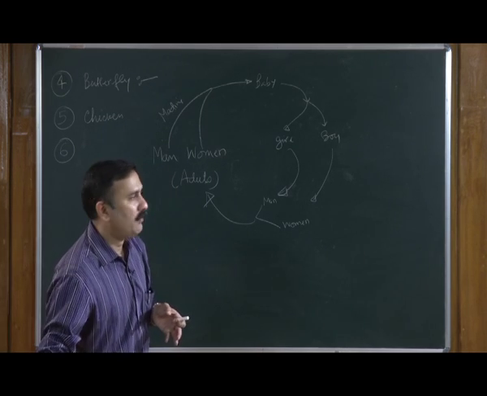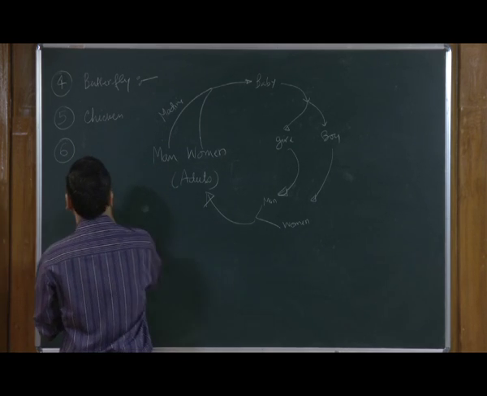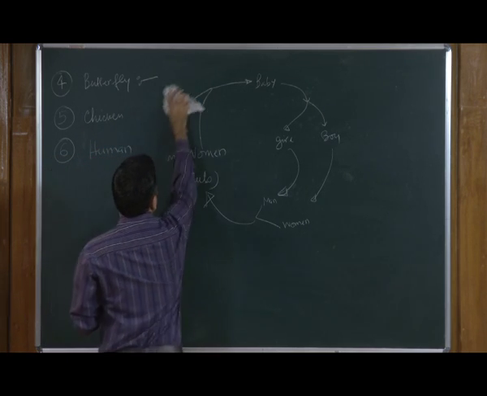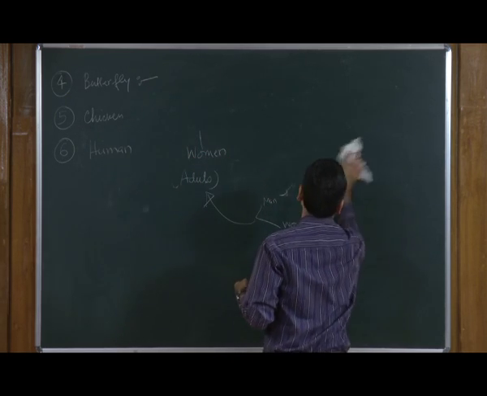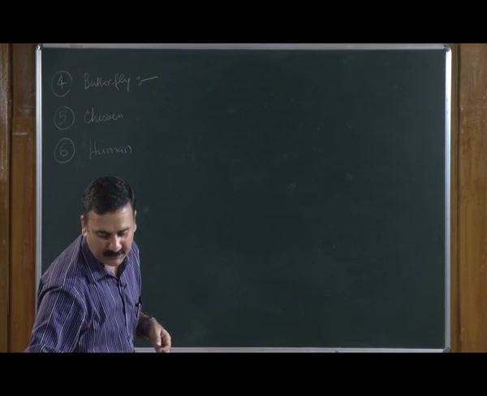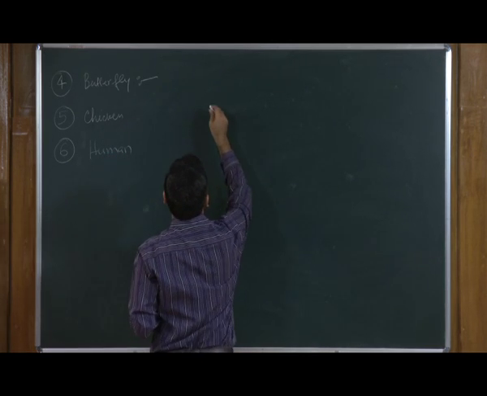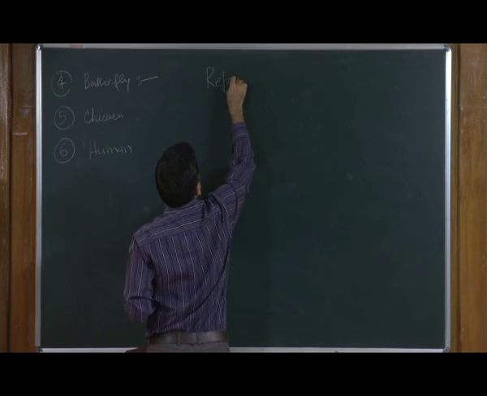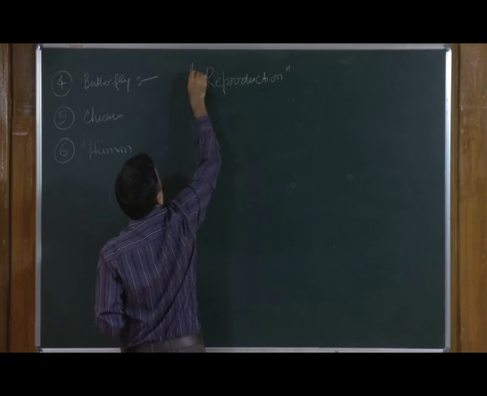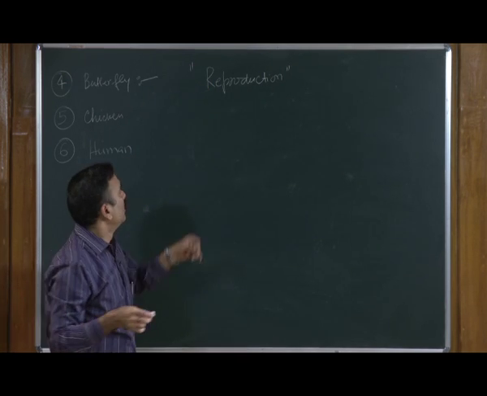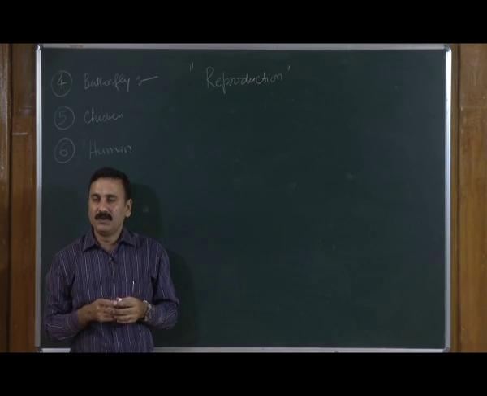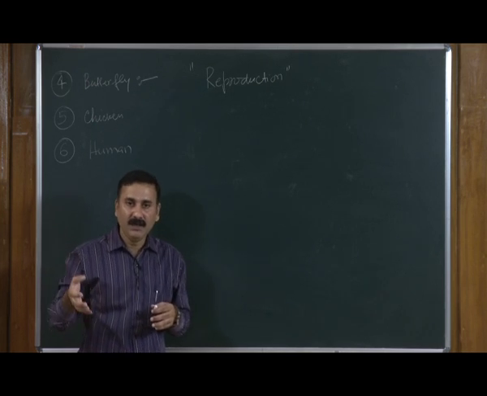And that particular process is known as reproduction. All these processes are required to maintain a constant number of a particular organism. Okay.